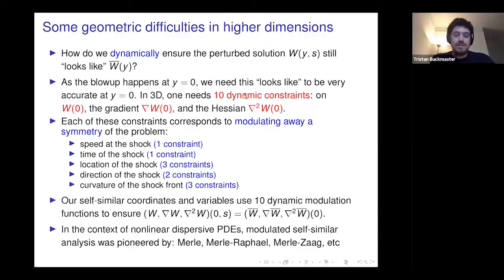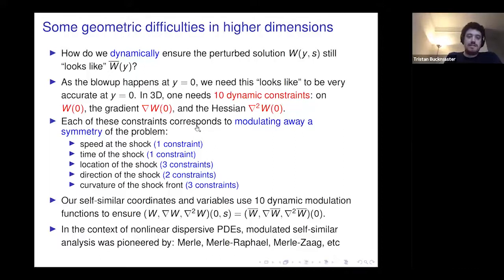So in order that it looks like the 3D Burgers equation, you have to introduce certain coordinates, and all these coordinates will be defined in terms of 10 dynamic constraints, which are related to the zeroth derivative of W, the first derivative, and the second derivative, which means that we will need 10 different constraints in order to single out this singularity.